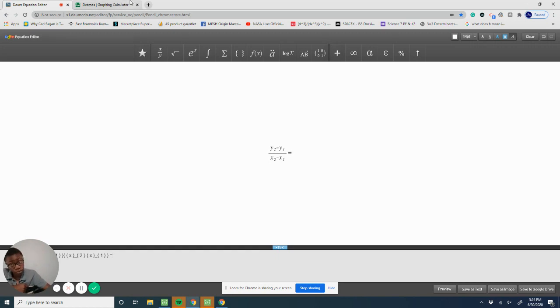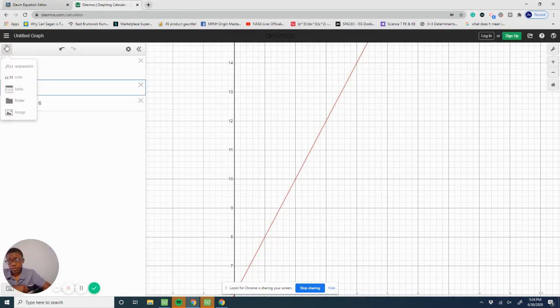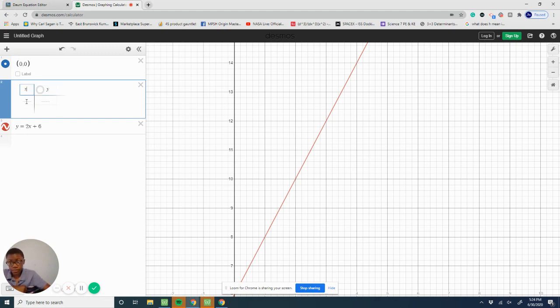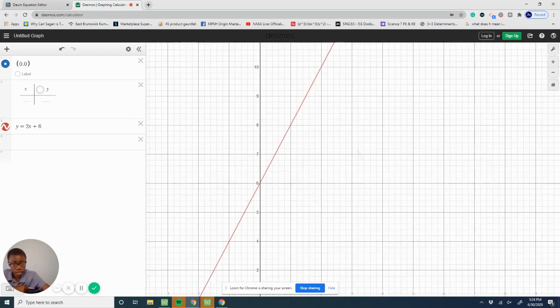It might look confusing, so I'll explain. I'm just going to put up a table with the X and the Y, and let's start plotting points. So first I'm going to plot the points.